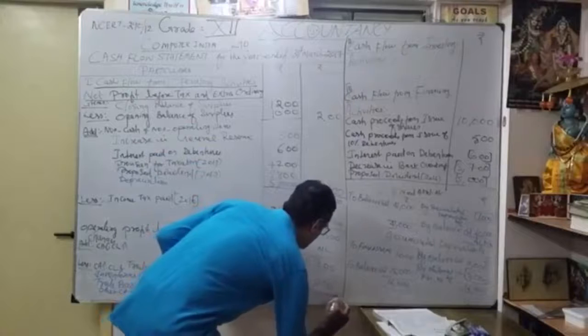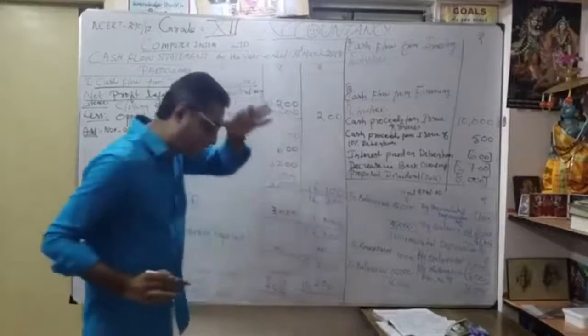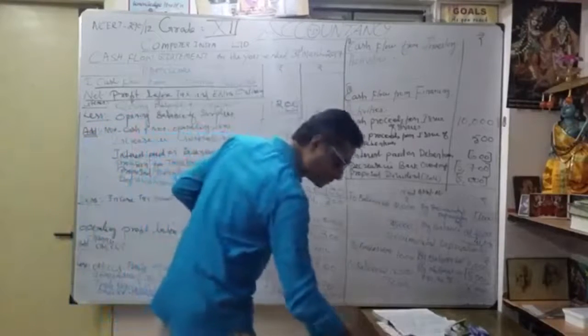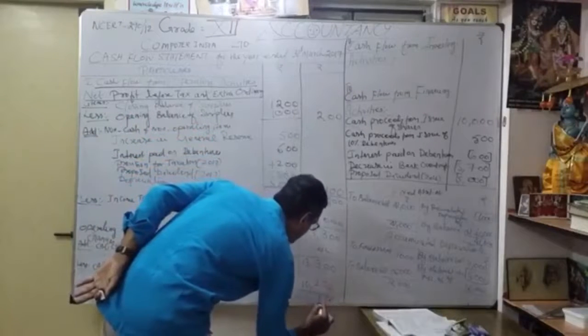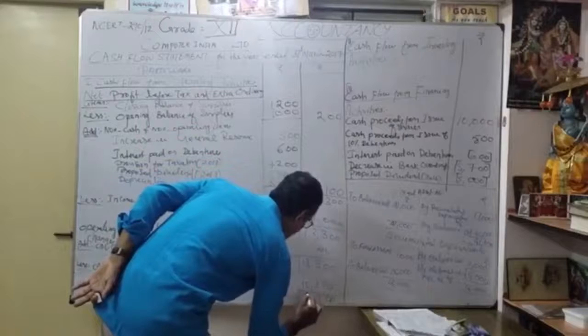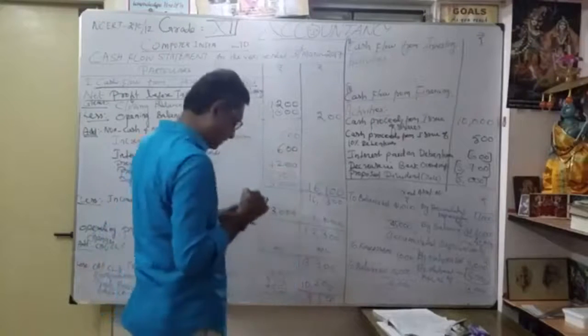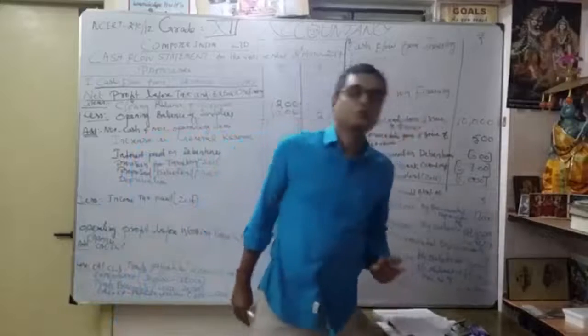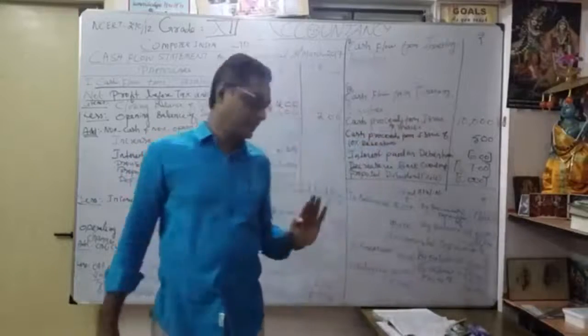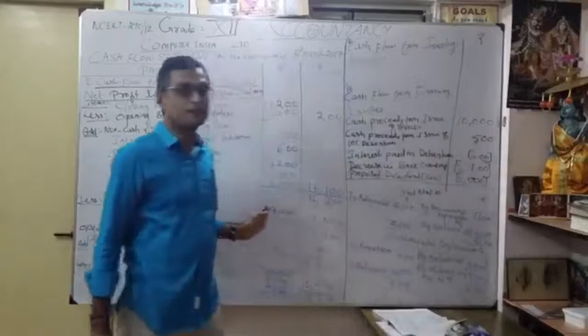So what is our cash flow from operating activity? Here 13 minus 10, 3,100. So the first, our operating activities in our book, they have given how much? 2,100. That is wrong, that we discussed now. So here what is the operating activities?